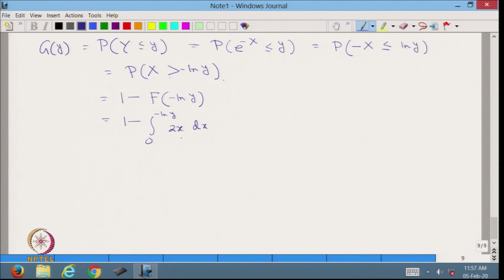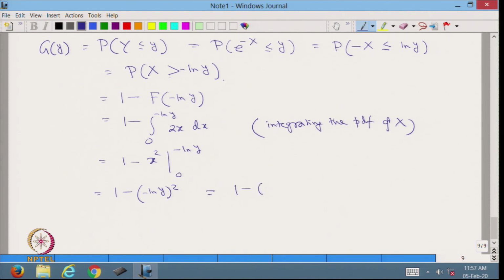This is the PDF of X. Equal to 1 minus x square from 0 to minus log y, equal to 1 minus (log y) whole square, equal to 1 minus log y square.